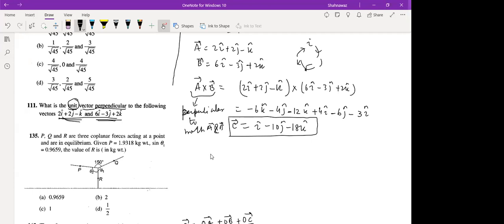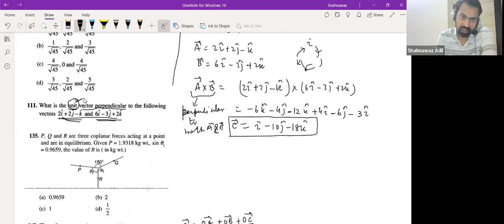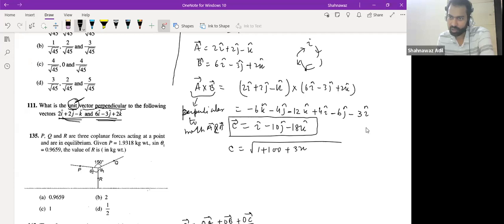Yes, sir. Now we want to calculate the unit vector. So we have the vector, and now we can calculate the unit vector. So the magnitude of C is the root of 1 plus 100 plus 18 squared, which is 324. Let me check that.